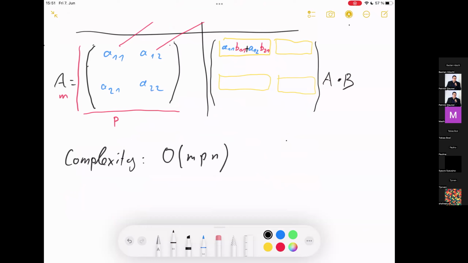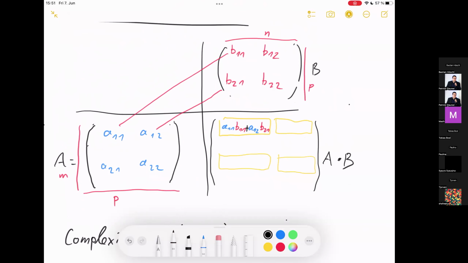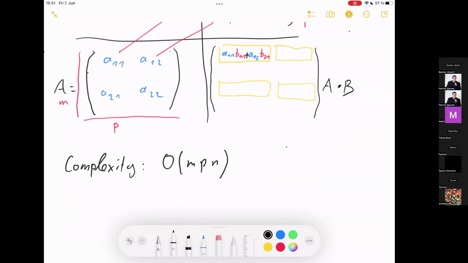This is the O complexity, because I need to go through the M many rows, the P many columns, and from the other matrix then the P many rows and the N many columns. So this is O of M times P times N. Now, if I say they're all the same, or I just care for the largest dimension, then we just say the matrix multiplication is O of N to the third.